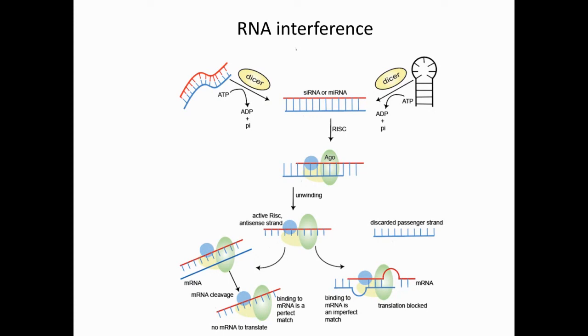Dicer is one of the RNase III endonucleases. It takes the larger double-stranded RNA and cuts it to a small size. Once the RNA is cleaved, it passes to a protein complex called the RNA-induced silencing complex, RISC. This RISC protein will bind to the RNA.